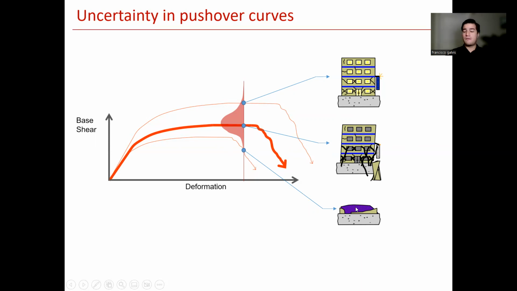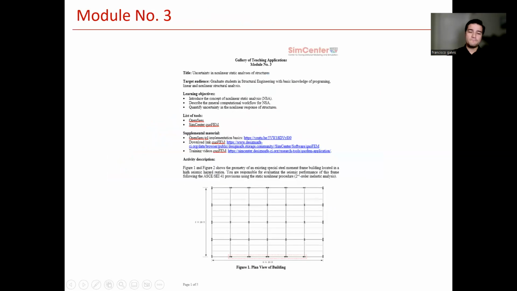Instead of life safety, you can have a total collapse for the same value of target displacement, or you can have a functionally recoverable building, or a building that can be immediately occupied right after the event, even after reaching that value of drift, right?